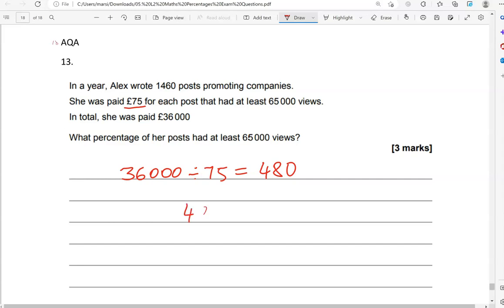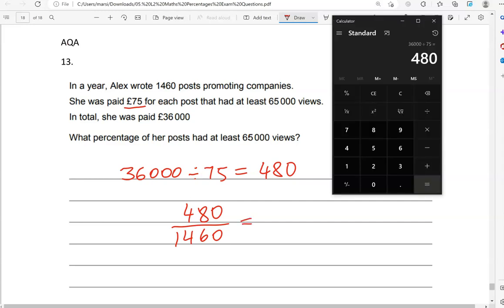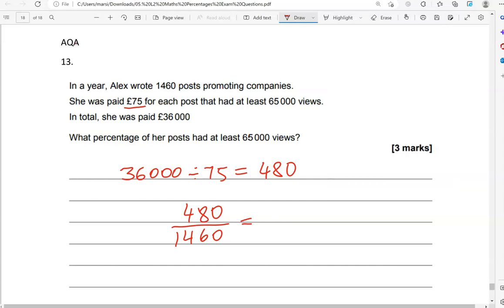So 480 out of the 1,460 posts. So if we divide 480 by 1,460, gives us 0.3287, and so on.